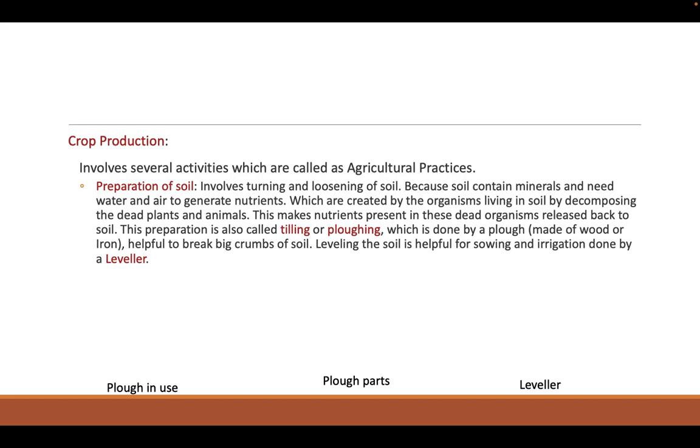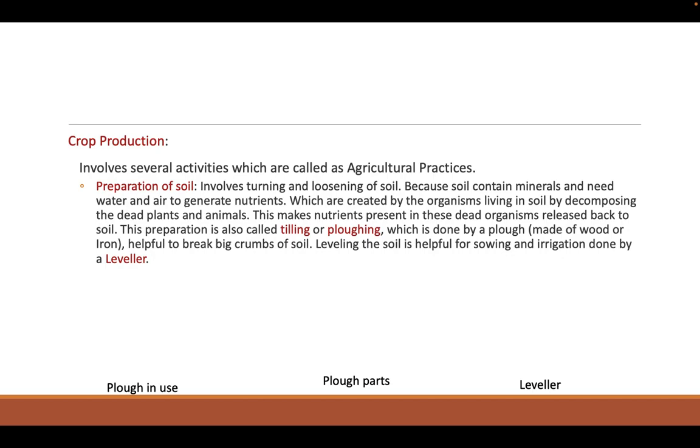Those are done during cultivation time. There are almost six practices done one after another. So the first in that category is preparation of soil.